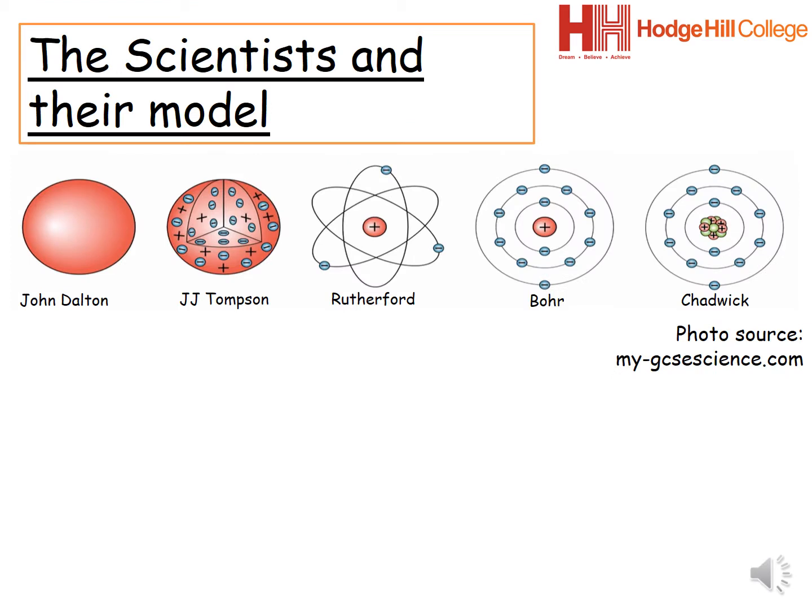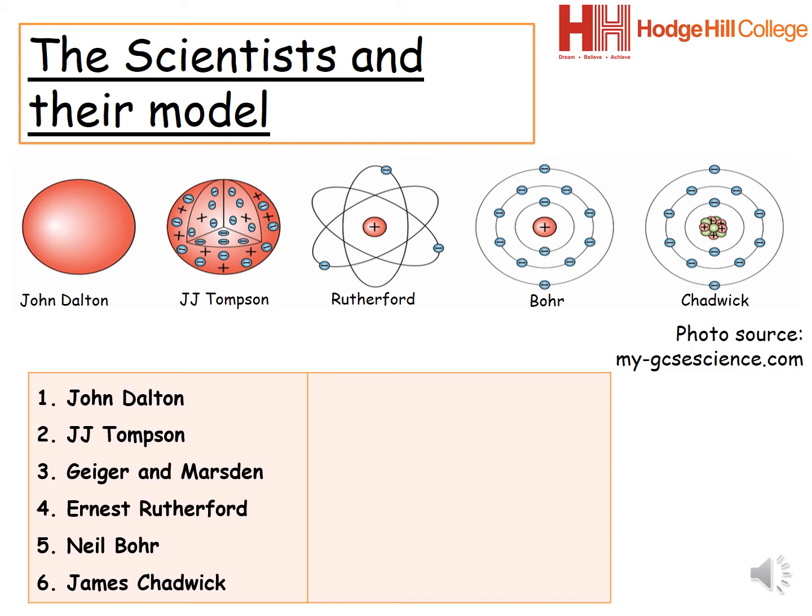Before the discovery of the electron, atoms were thought of as tiny spheres that could not be further divided. As scientists gathered new experimental evidence, they developed new atomic models. The scientists involved in the development of the atom are John Dalton, who came up with the spherical model; J.J. Thomson, who came up with the plum pudding model.